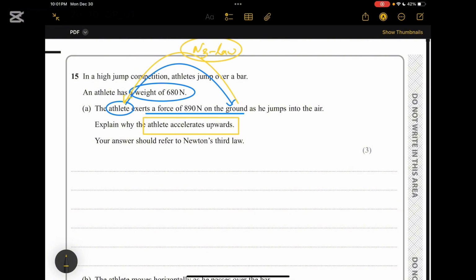So first of all we will write this Newton's third law part.